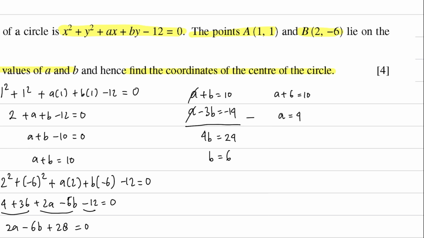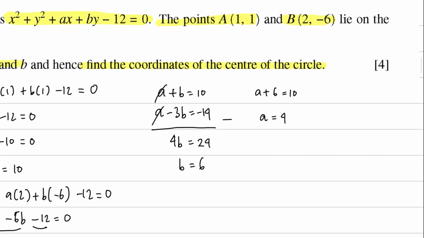And how to find the coordinates of the center of the circle? Just substitute A and B into the general form of our circle equation. We will get x squared plus y squared plus 4x plus 6y minus 12 equals 0.